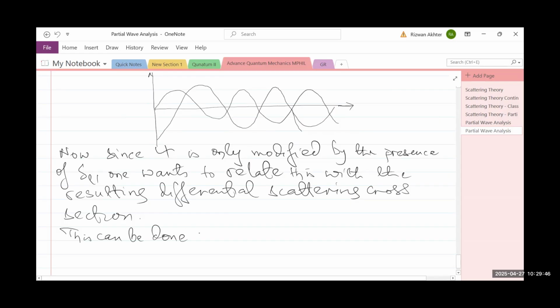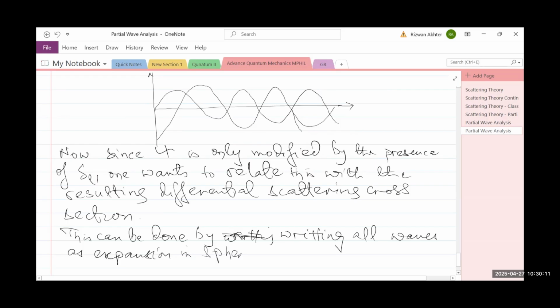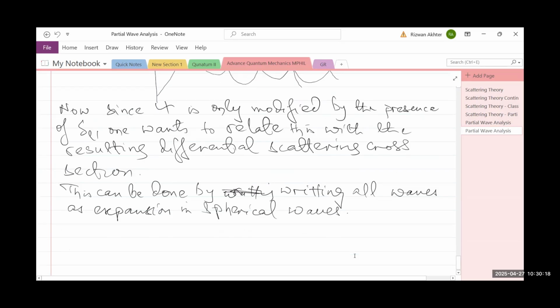So this can be done by writing all waves as expansions in spherical waves. So what can we do?